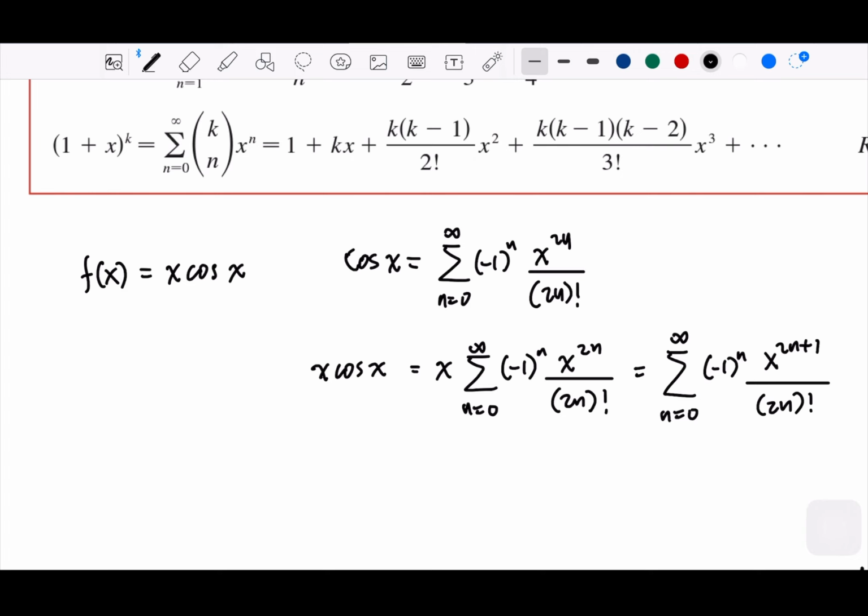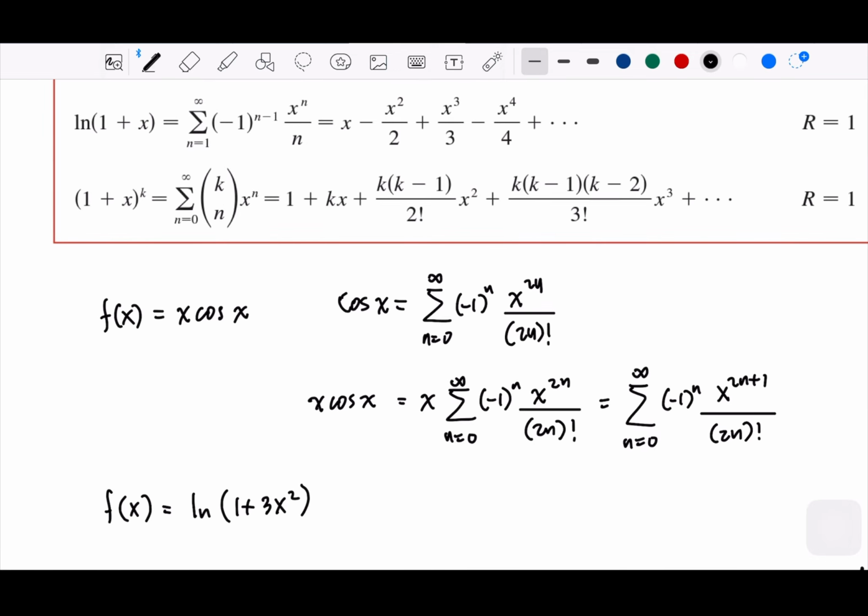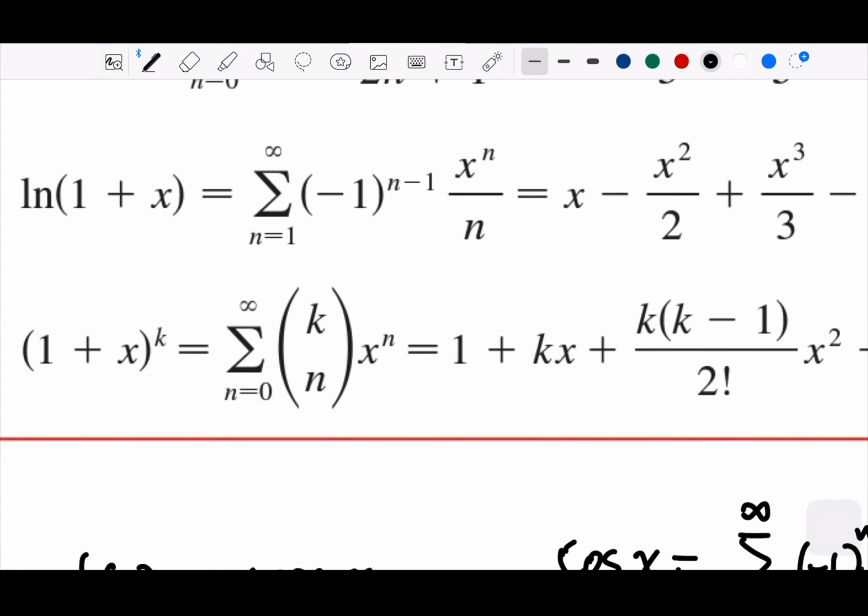And for example, if we have another term, if f is ln of 1 plus, let's say, 3x squared, which means that we are going to replace x in this basis, the ln, with 3x squared.